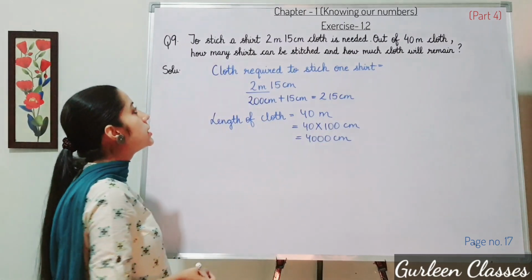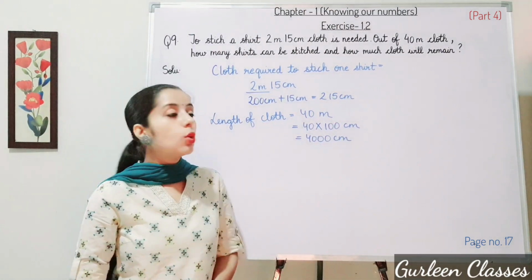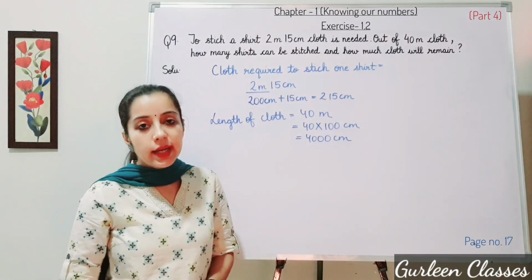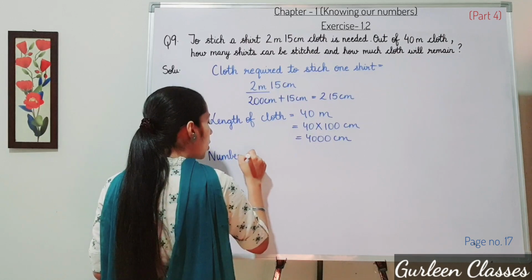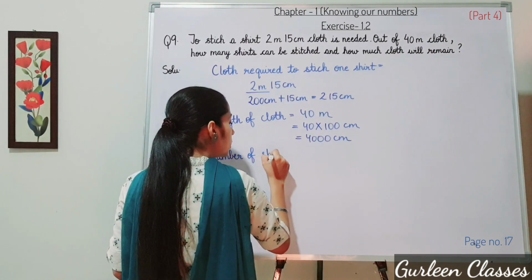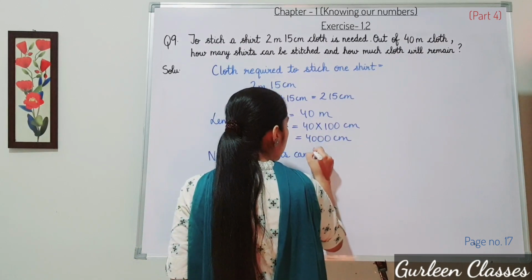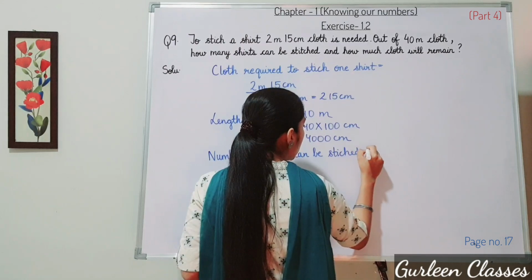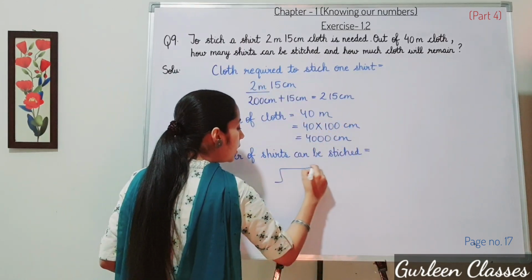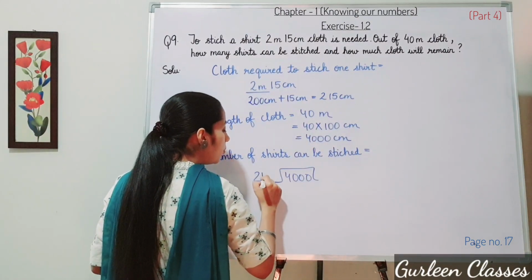Now the question is, how many shirts can be stitched and how much cloth will remain? So the number of shirts that can be stitched is equal to 4,000 divided by 215.